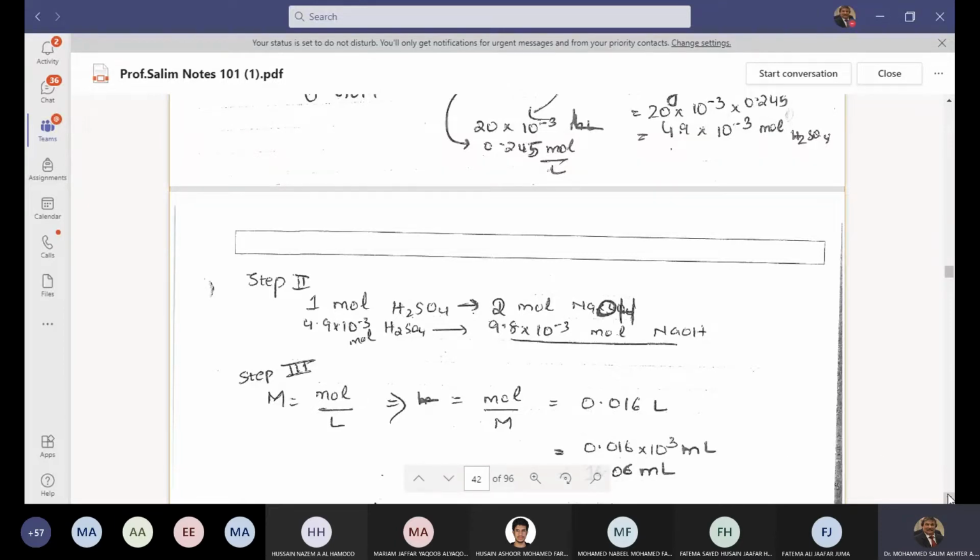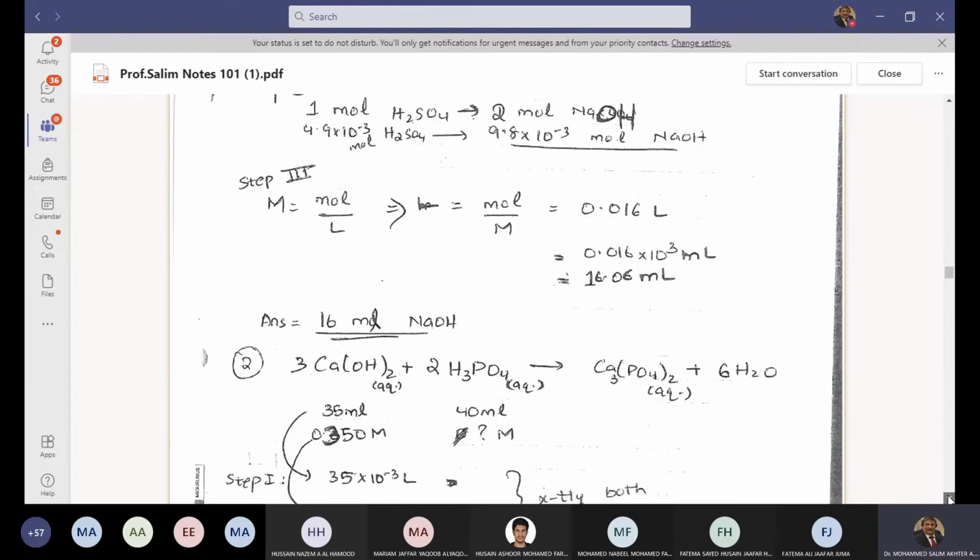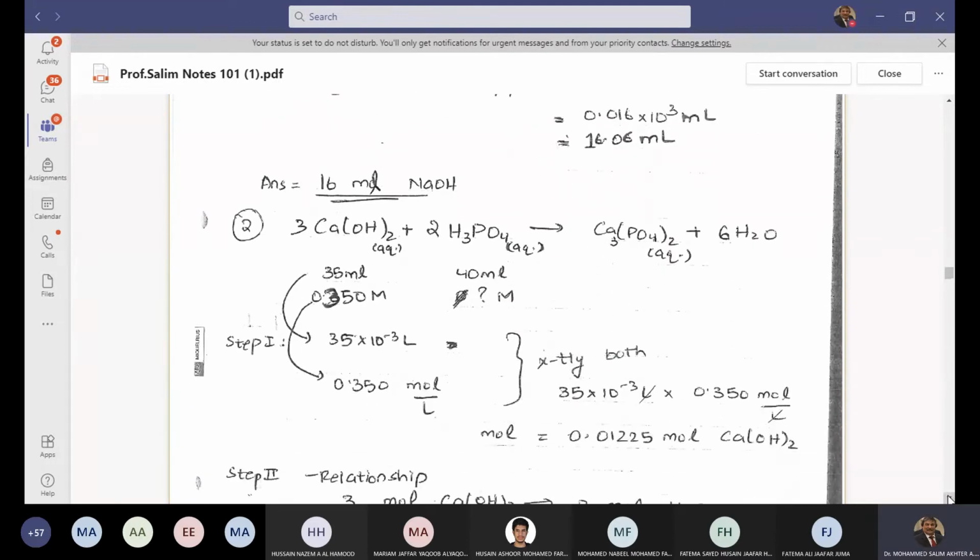Let's go for the second example, please. If it is 1 to 1, then I can use M1 V1 equals M2 V2. This is not 1 to 1, so I have to follow the steps. Now look at this question.